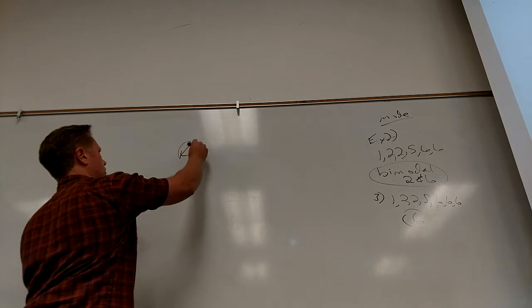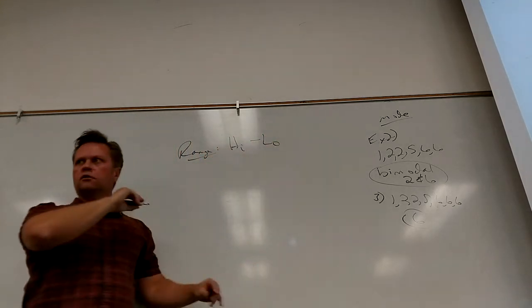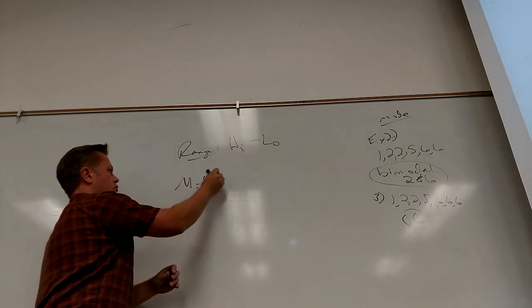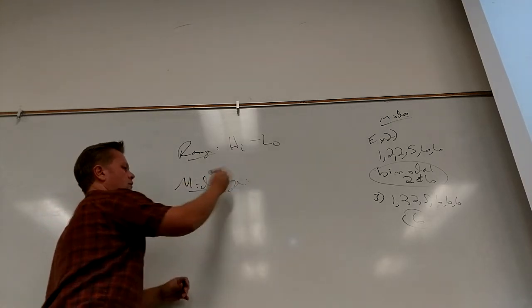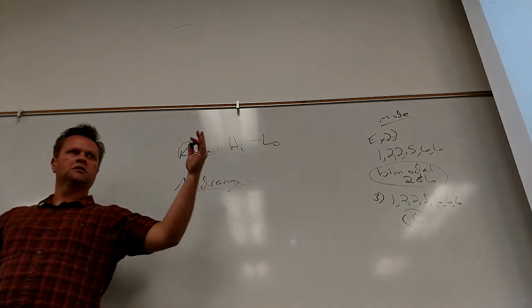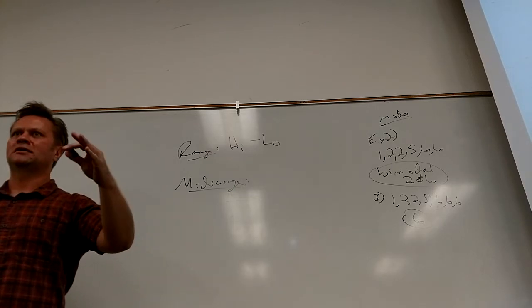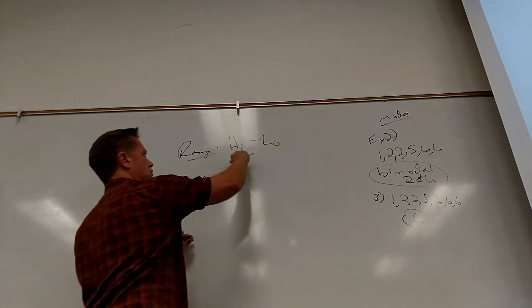Yeah, the range is the high minus low. The mid-range, this is another measure of center. The middle of the range. How do I find the middle of any two numbers? Add them together. Divide by 2. So the mid-range is the middle of the range.